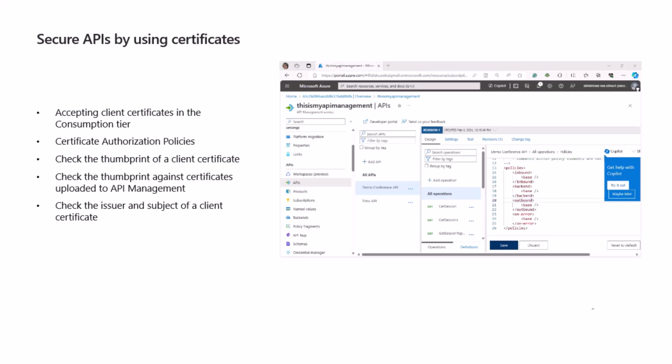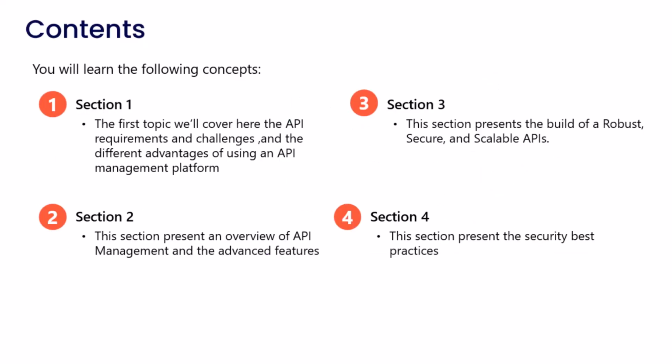So to summarize, we talked in the beginning a bit about API requirements, the different challenges, and why we need to use an API management platform. After that we talked more about the different features inside the API management platform, Azure API Management: API gateways, self-hosted API gateways, developer portal, Azure portal as administrative portal.